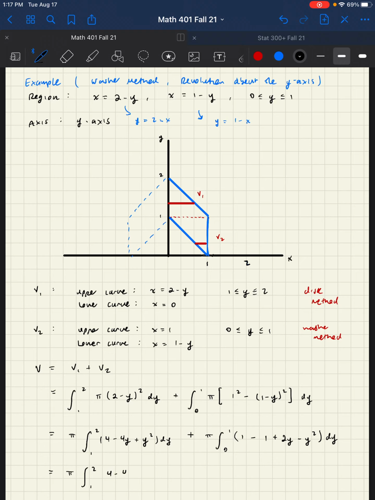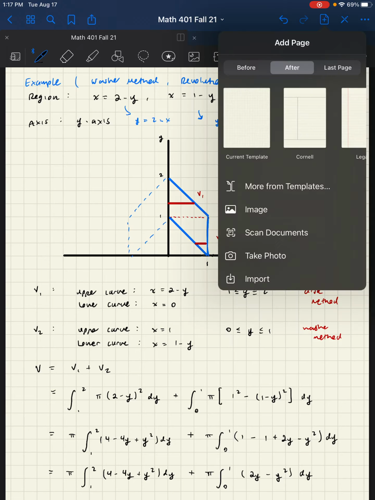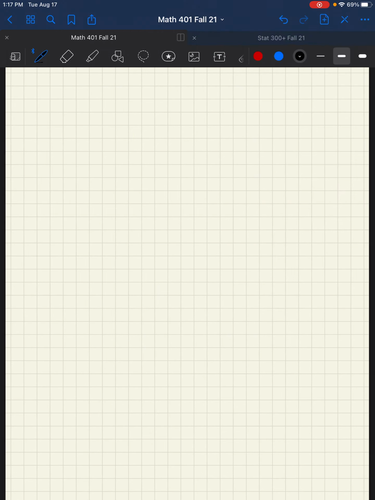If I clean this up a little bit, this ends up being the integral of 4 minus 4y plus y squared dy, that one's fine, plus pi times the integral from 0 to 1 of 2y minus y squared dy. Okay, and now if you follow along with me, we'll finish up these calculations.